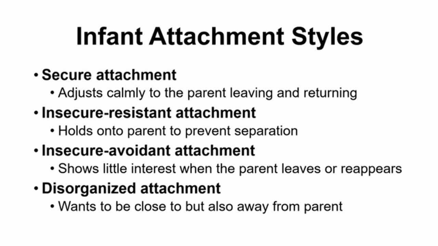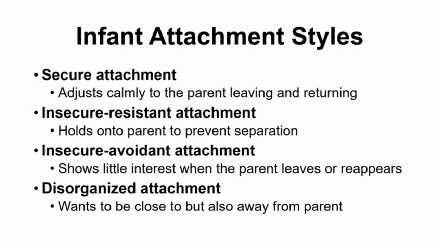Our secure attachment style is when the child is able to adjust to the parent leaving and coming back. So they're not necessarily completely fine. They don't ignore their parent when they leave. They're usually a little bit upset that they're being left behind, but they're very quickly going to come to terms with it. They're going to go and play by themselves. They're able to be calm and controlled when left to their own devices.